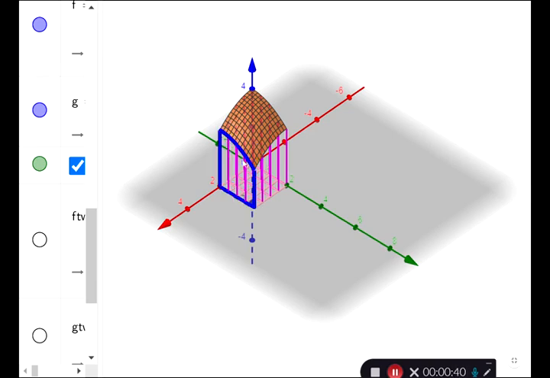Each one of these blue slabs is moving because it shows you it can be at any point under the surface.